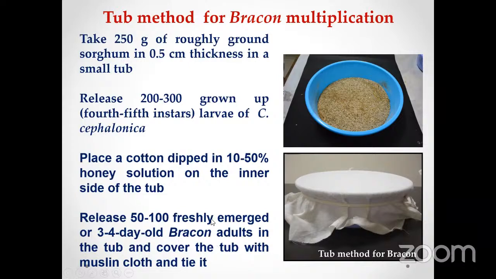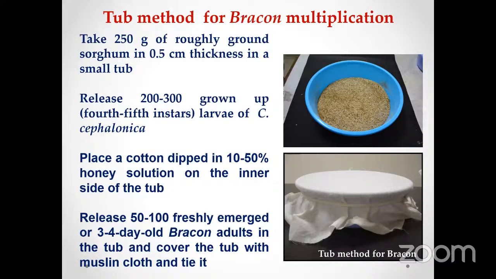For mass production in bulk, we can use the tub method. It is the same tub we use for mass production of Corcyra, or we can take the 4th or 5th instar larvae of Corcyra cephalonica and release them in one tub provided with feeding material. So there are two types of mass production we can do.